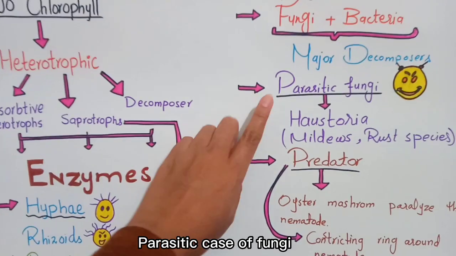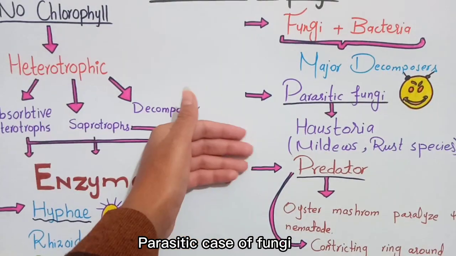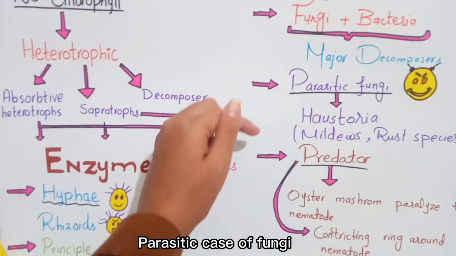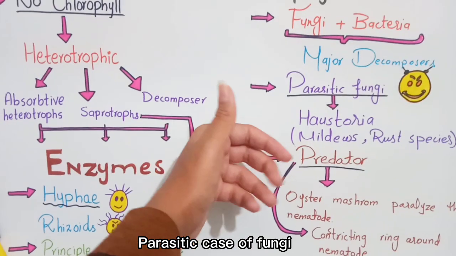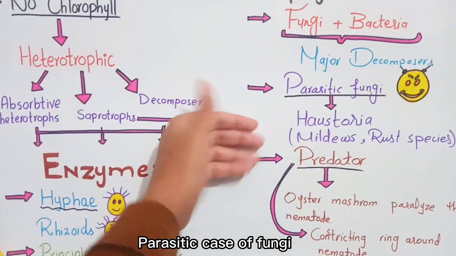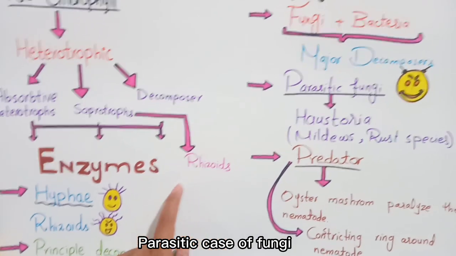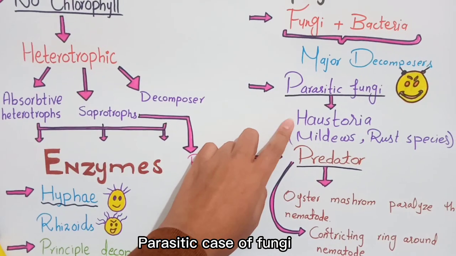In the parasitic case, they develop haustoria. Whenever you see the term haustoria, it is always related to a tip, not rhizoids. Some students mix up the word haustoria with rhizoids, but haustoria are not rhizoids. Haustoria means tip.